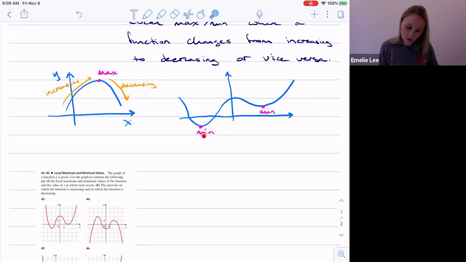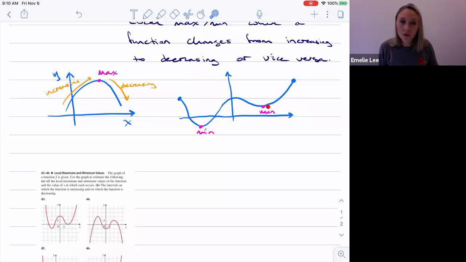This we could call a global minimum, assuming it ended here. So let's just end this graph here and here. Here, this would be a global minimum because it's the overall minimum.